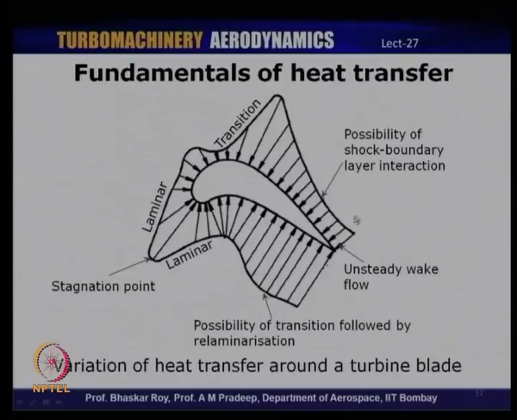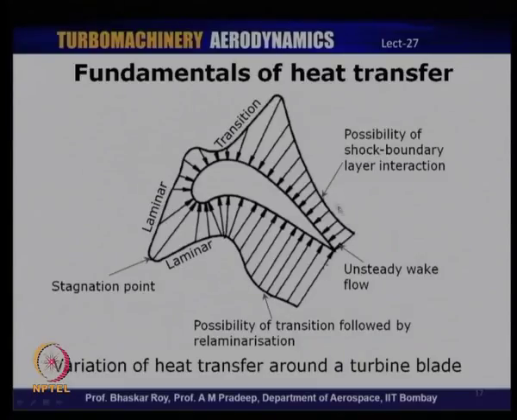And so there is a possibility of a shock boundary layer interaction here, which can of course complicate the heat transfer substantially. And one may have an unsteady wake flow at the trailing edge. That again is a very challenging area of estimating heat transfer in an unsteady flow, because that also affects the temperature distribution substantially.